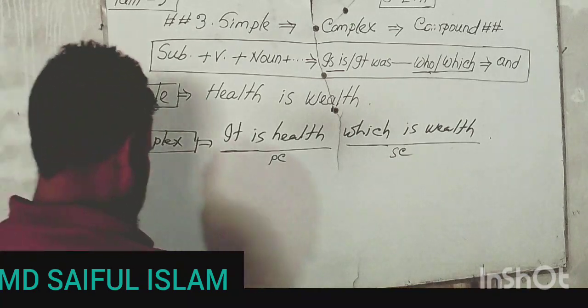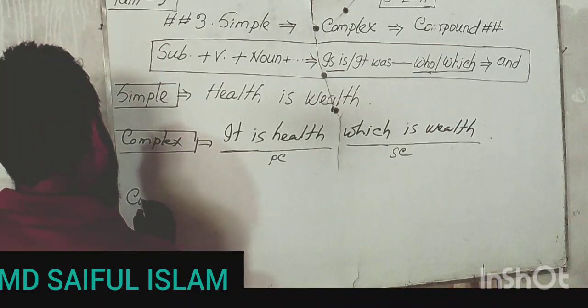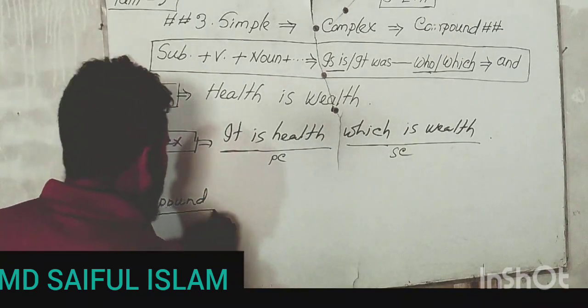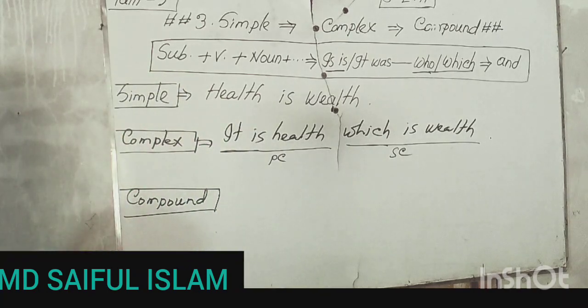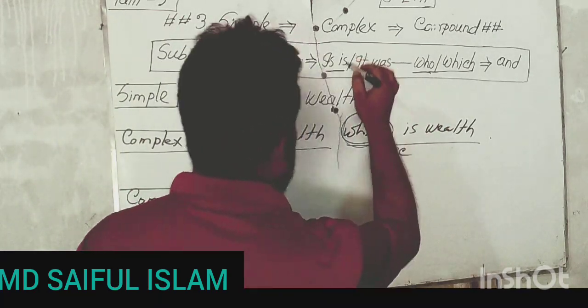Thank you very much. Now, we will form a compound sentence. When you are going to form any compound sentence, you will have to use and in the place of which.